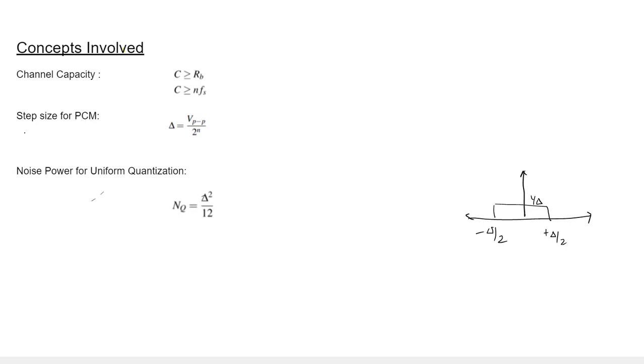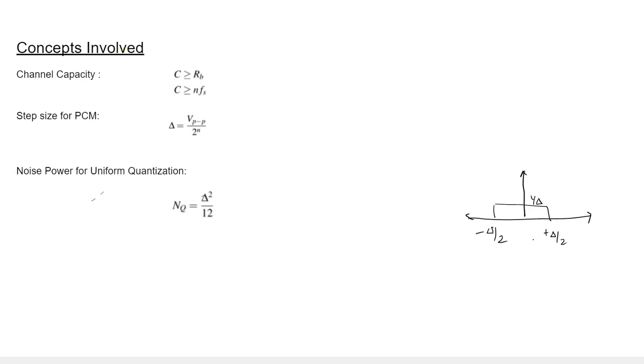Next we come to the step size for PCM. Delta, the step size, is given as V peak to peak divided by the total number of levels. Here, for n bits, the total number of levels is 2 to the power n. Then the noise power for uniform quantization is given as NQ equals delta square by 12.